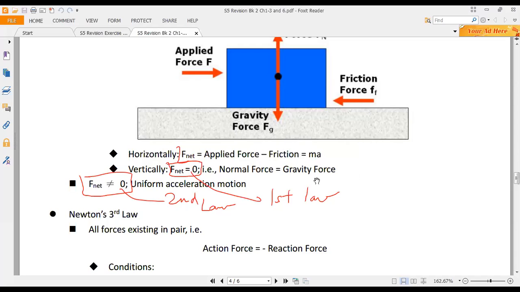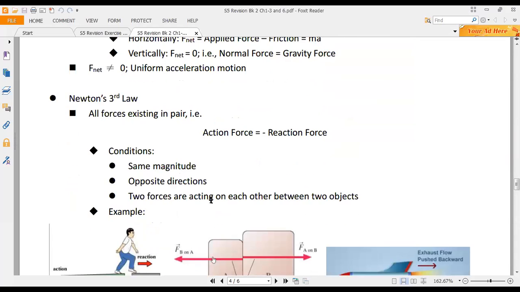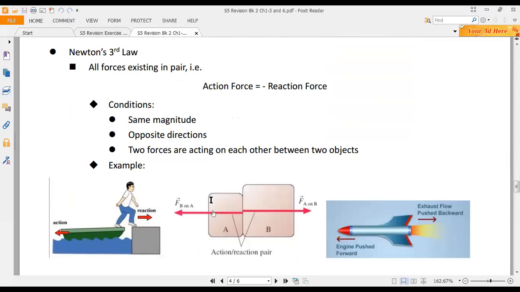Okay, so let's go on to the last case, Newton's third law. In Newton's third law, in fact, there will always be two forces in nature. I mean, a force would not appear alone in nature.